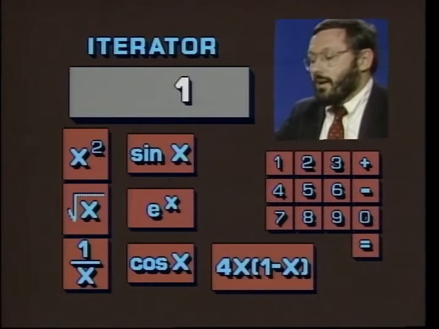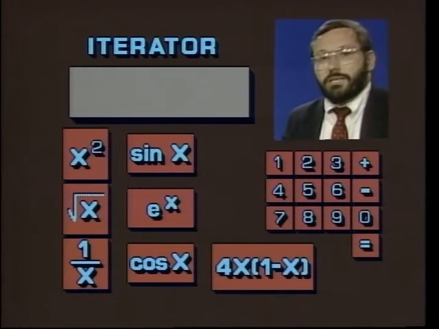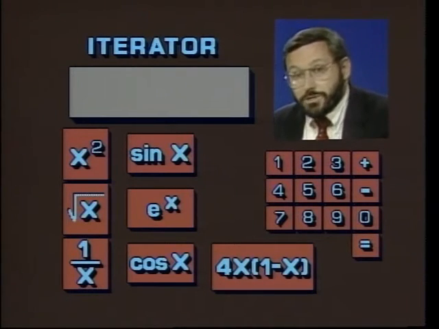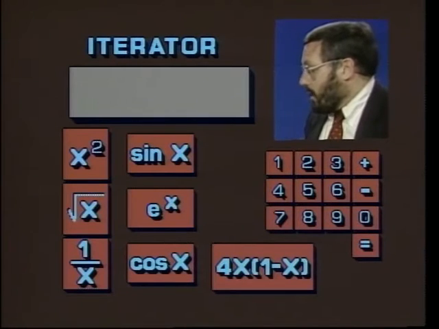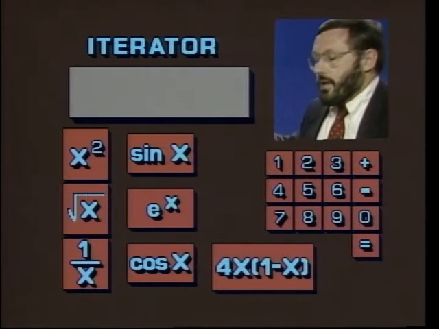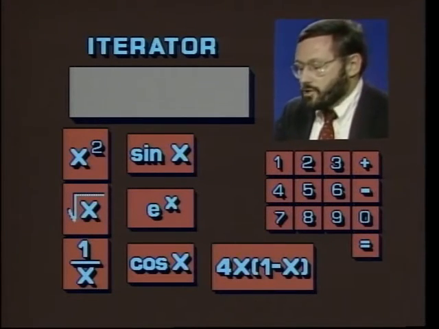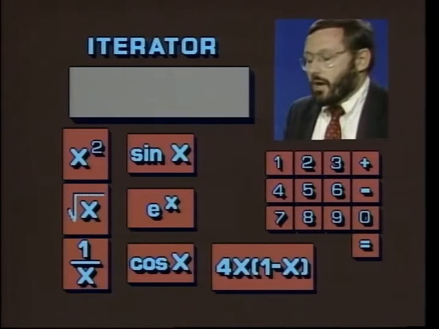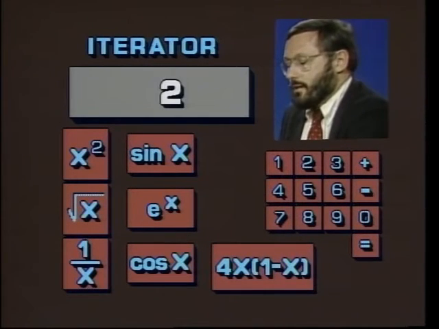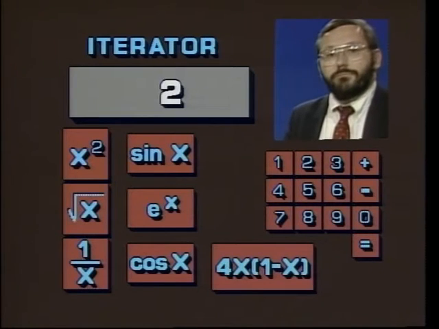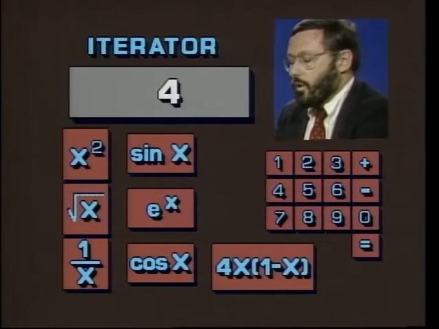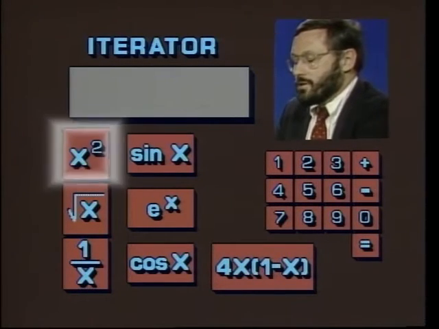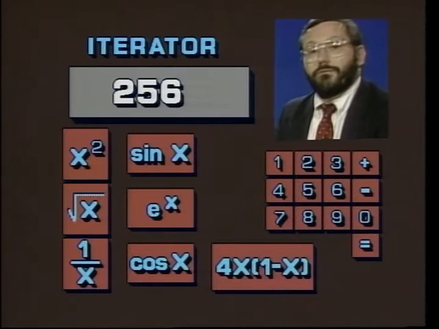So here's an example of an iterative process that's completely predictable. No matter what number you start with, when you iterate the square root function, you always end up with the number 1. Here's another example. Let's take the function x squared. Start with any number. Let's say we start with the number 2. When we iterate the squaring function, we get first 4, square 4, get 16, square 16, get 256.